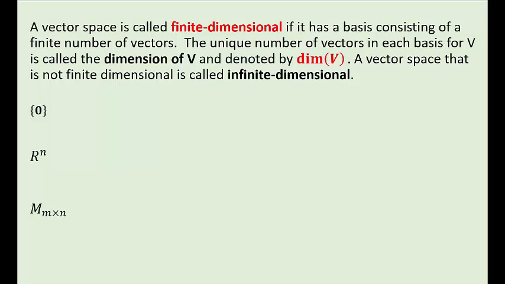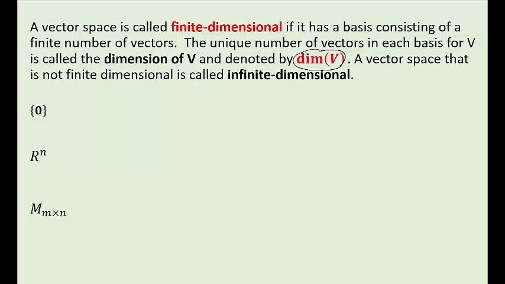A vector space is called finite dimensional if it has a basis consisting of a finite number of vectors. The unique number of vectors in each basis for V is called the dimension of V, and it's denoted by dim V. A vector space that is not finite dimensional is called infinite dimensional. In our course, we're only going to be working with finite dimensional vector spaces.